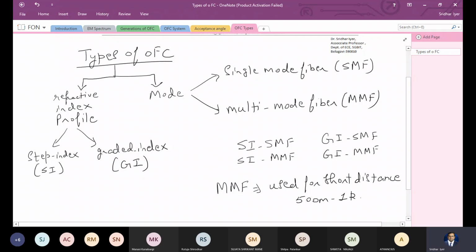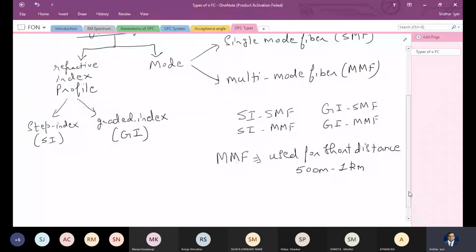There are disadvantages of multi-mode fiber if you use them for longer distances, and that's a very important concept which we will discuss in detail. Multi-mode fiber is always used for short distance, mostly in an office environment, or a very small campus.